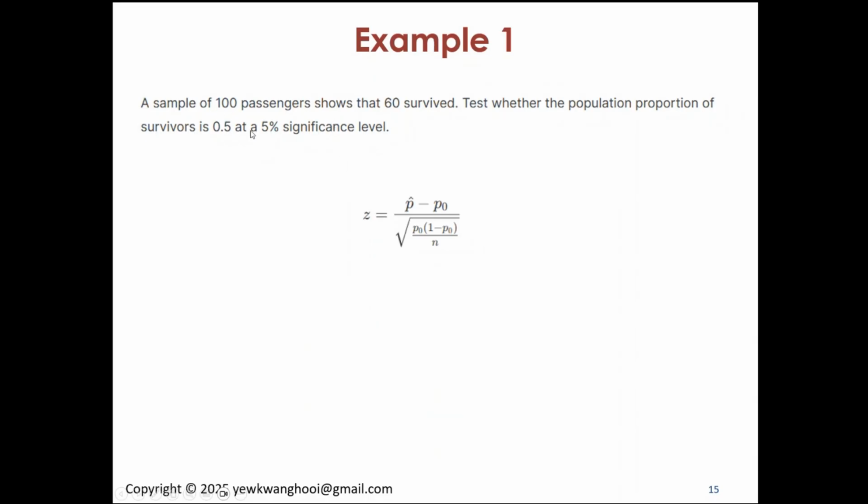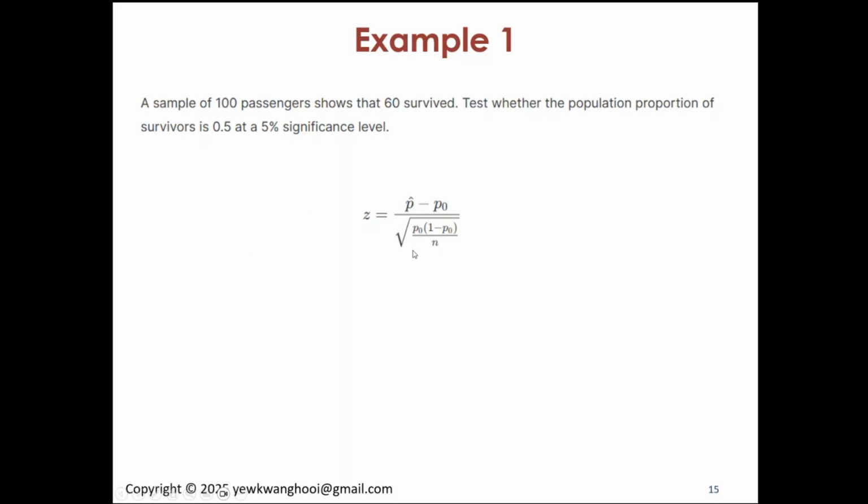Is there any difference between this sample proportion and the population proportion? Sample versus population proportion, that's what we are comparing. So the null hypothesis says same. The null hypothesis always says same, no difference. You don't say in the null hypothesis that there is a difference. The answer is no difference. Any null hypothesis is like that.